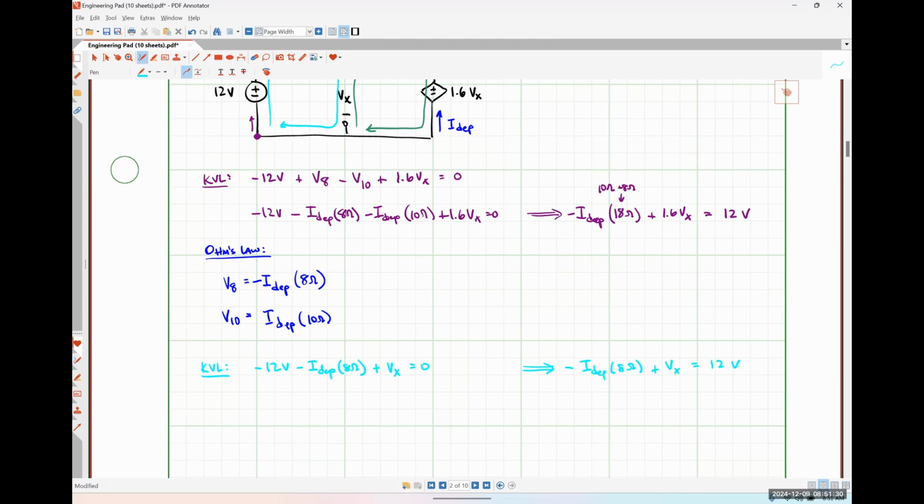So to me, this looks like a two equation, two unknown system. On my Casio 115, I press mode and then 5 to bring up my system solver. And then it's option 1 for a two equation, two unknown system.